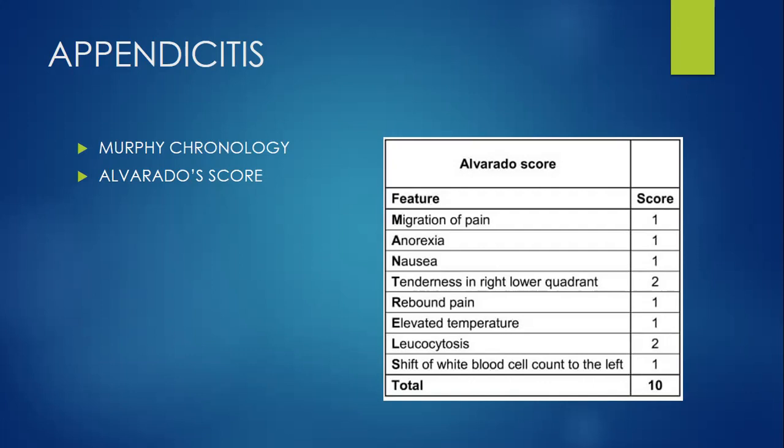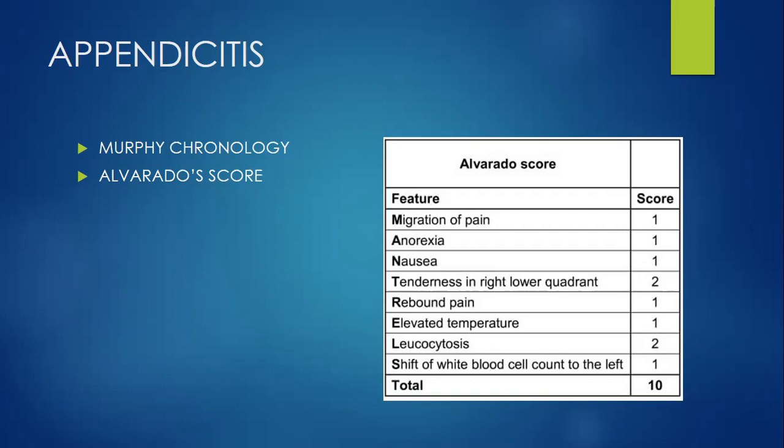Okay, so when I told you about morphochronology, we talked about some of the features in Alvarado's score. For example, migration of pain, right? It starts at the epigastrium or it is not actually defined where it is located, and it migrates into the lower right quadrant. Okay, anorexia, as I told you.